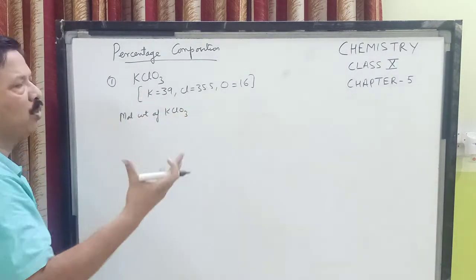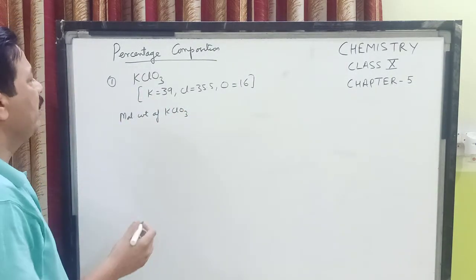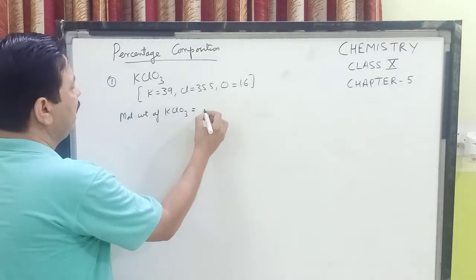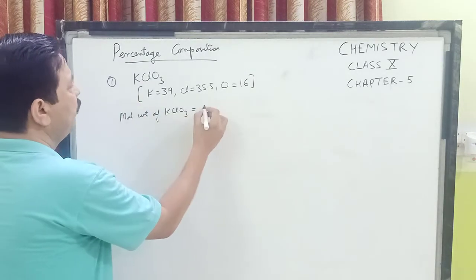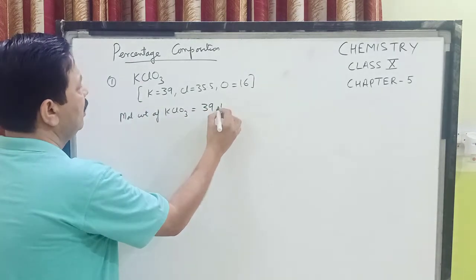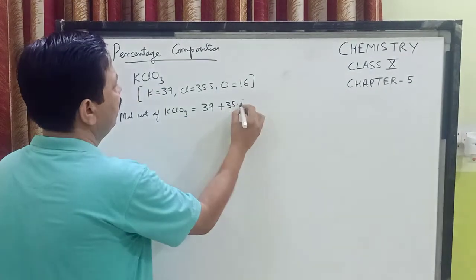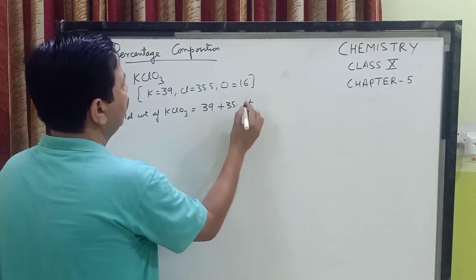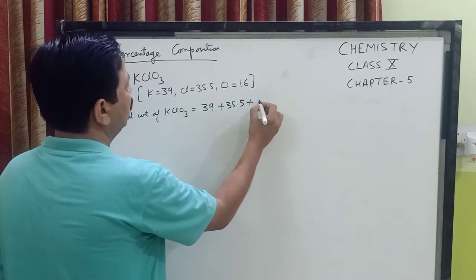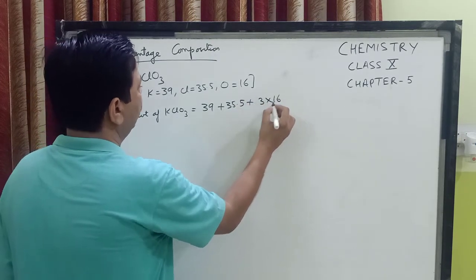It contains one atom of potassium, so we write 39, plus one atom of chlorine, we write 35.5, and three atoms of oxygen, so we write 3 into 16.